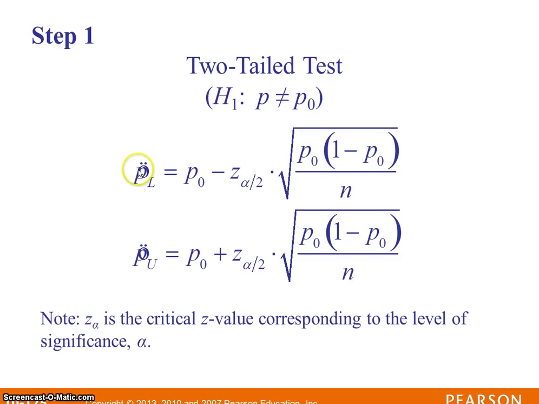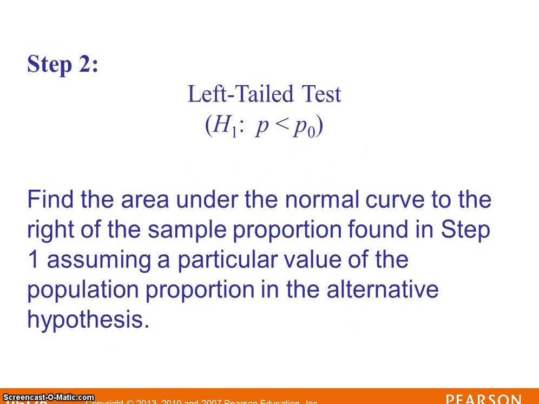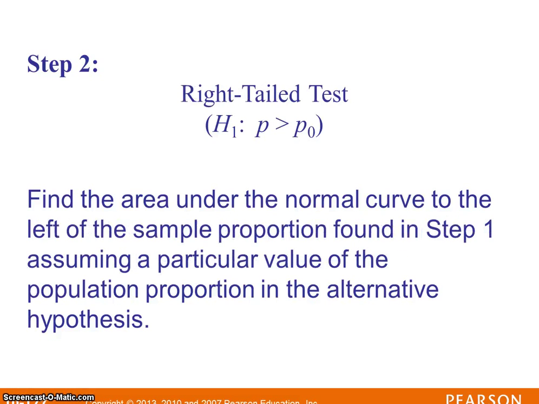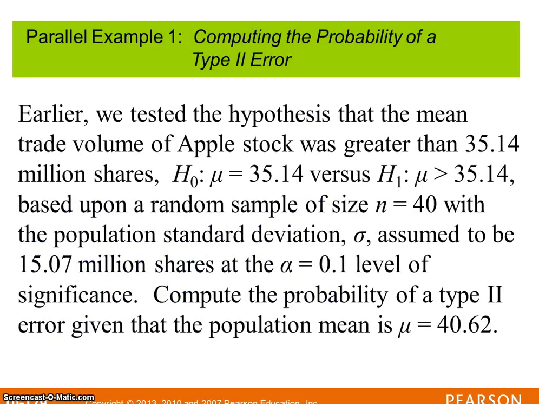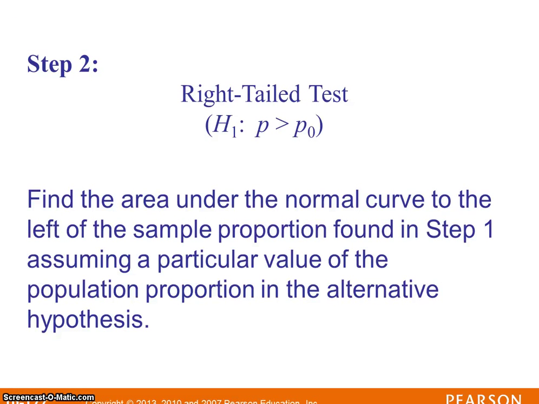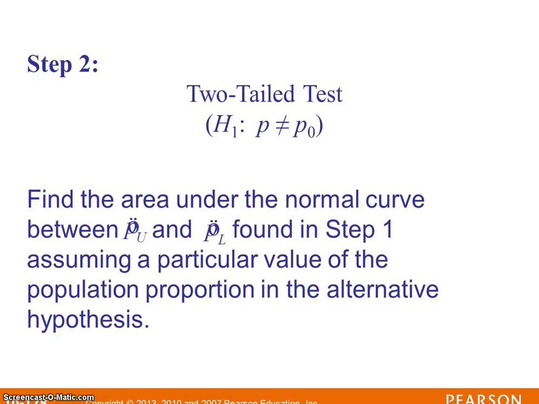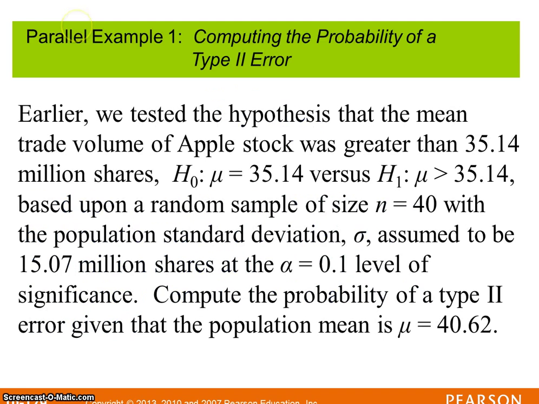And this should be p hat here. And then find the area under the normal curve to the right of the sample proportion found in step 1, assuming the particular value of the hypothesis. Or, if it's a right-tailed or two-tailed test, you'd do something similar. Again, I don't know why these umlauts are here. These should be p hat u and p hat l.